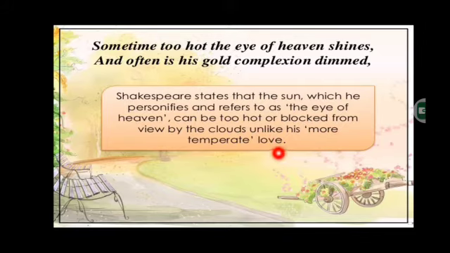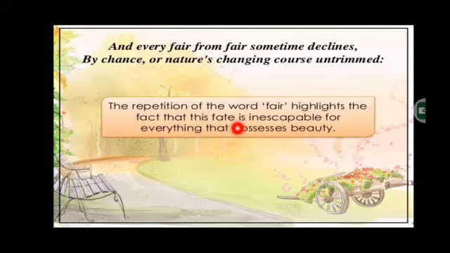So there are two extremes of a sun. It may be too hot or it may be dim, but there is no such extreme of his beloved. And every fair from fair sometimes declines by chance or nature's changing course untrimmed.